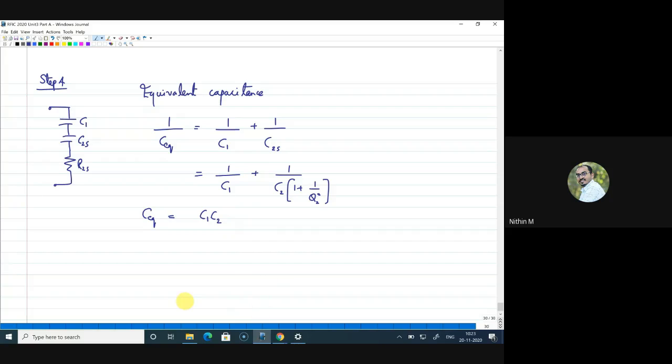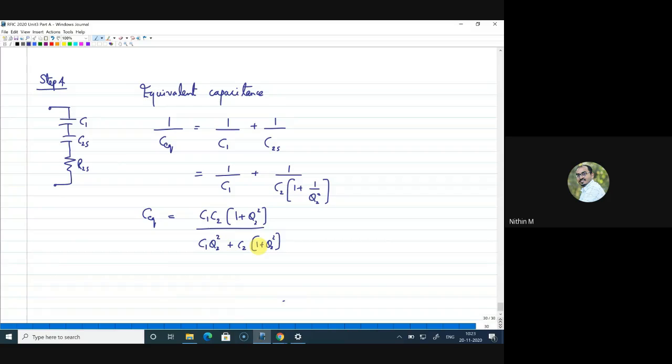No issues. I think Nikhil has written the answer: C1 C2 into 1 plus Q2 square divided by C1 Q2 square plus C2 into 1 plus Q2 square. Is this correct? Yes, Q2, right? Yes.